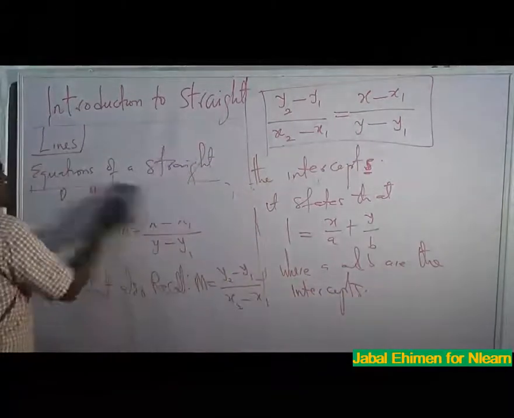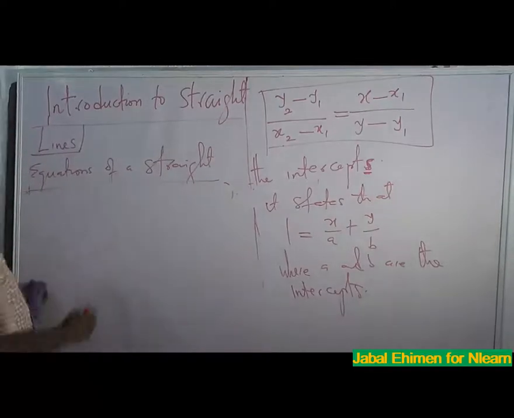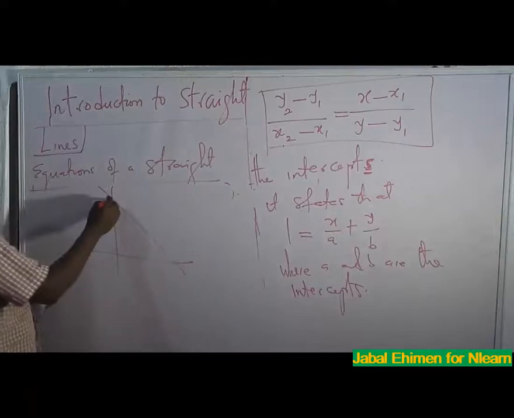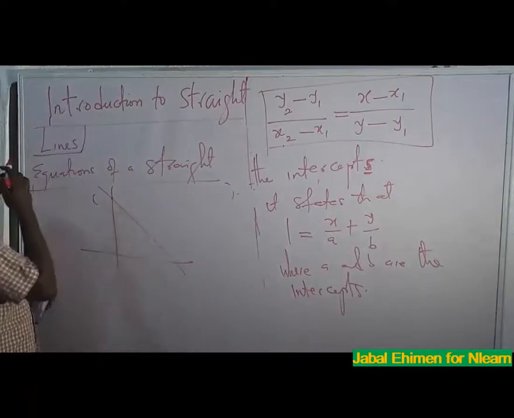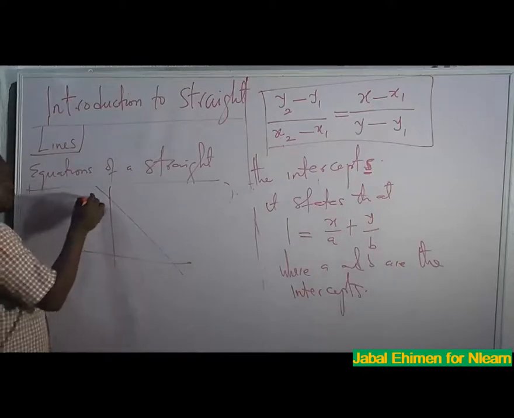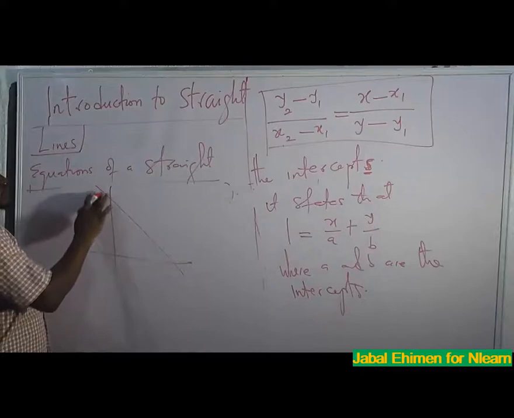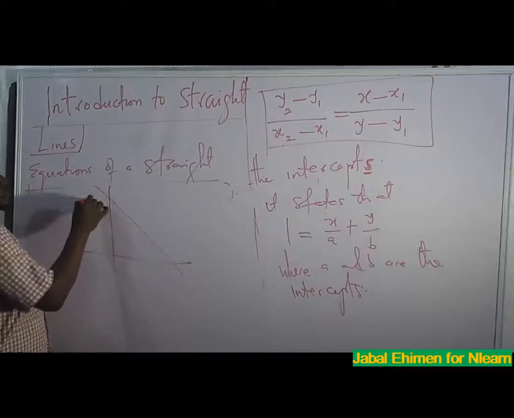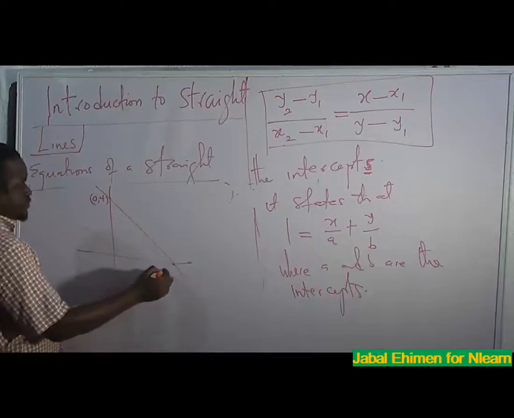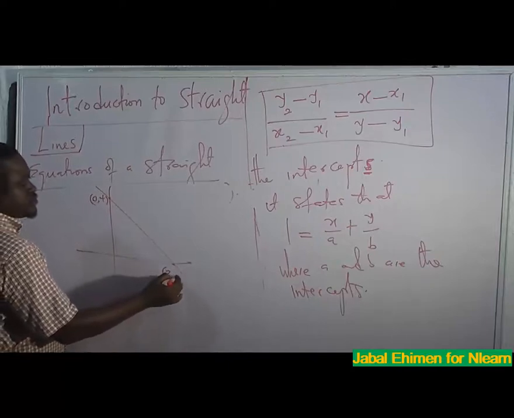Let me see whether I can take a question on that. For example, you have something like this. Maybe at this point you have (0, 4), and here you have (3, 0).